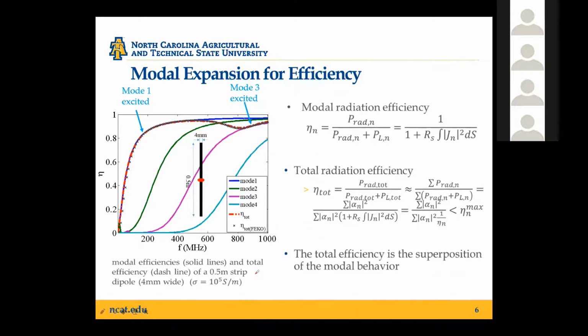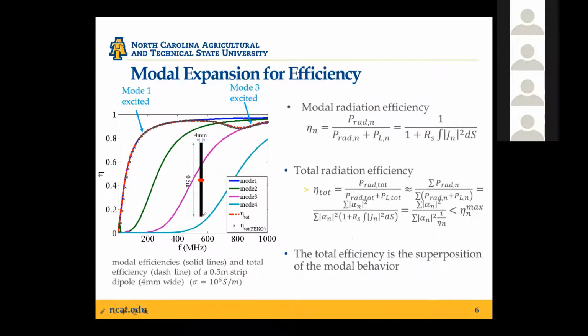And a third example here in terms of modal expansion is efficiency. Again, the same dipole antenna. The solid lines show you the efficiency for each individual mode on this dipole antenna. And with some approximation, we calculate the total efficiency, where the inverse of the total efficiency is a weighted sum of the inverse of each individual modal efficiency.